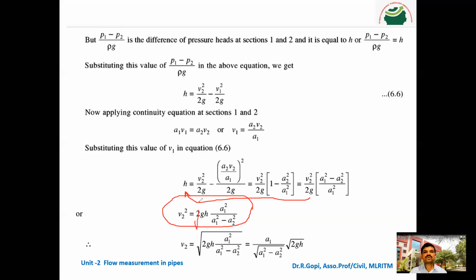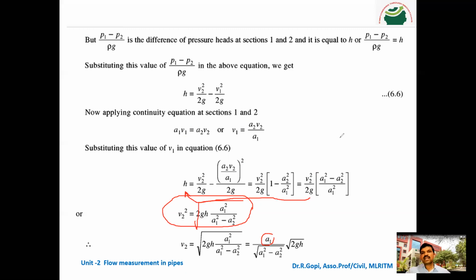So take the root: root of 2gH into A1 square divided by A1 square minus A2 square. The root of A1 square is A1 only, so it is A1 divided by root of A1 square minus A2 square, into root 2gH. This is the V2 formula.